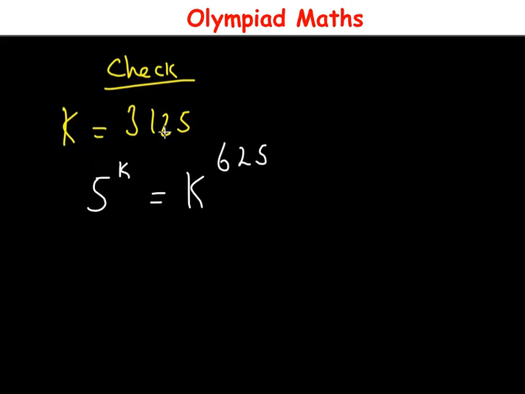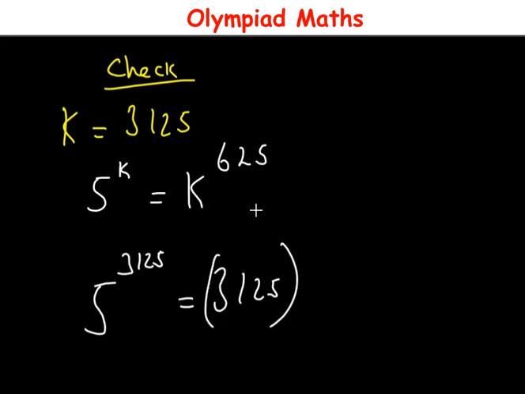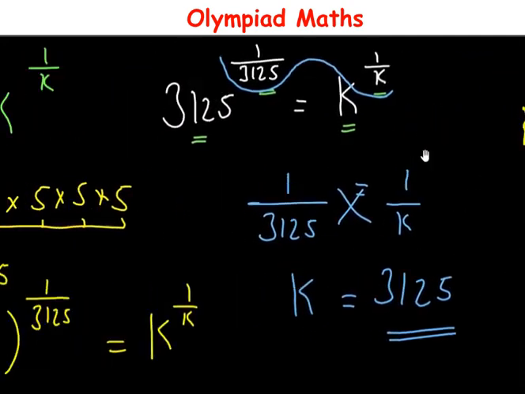So k is 3125. We have 5 raised to power 3125 equals 3125 all raised to power 625. Don't forget that 5 raised to power 5 is equal to 3125. That is, if you multiply 5 in 5 places, you will get 3125.